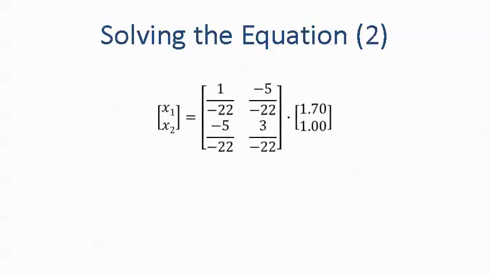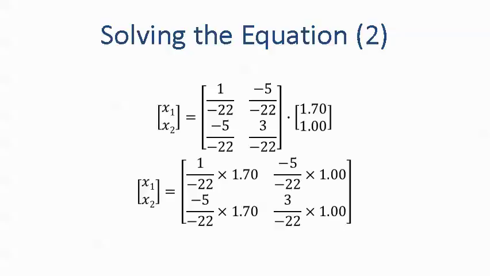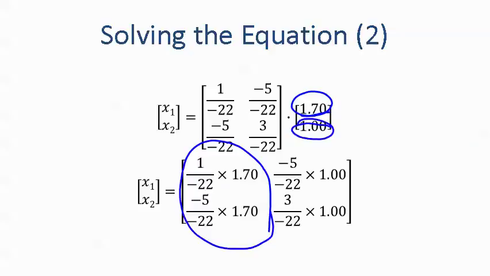If we start with this structure, we find that we can take this 1.7 and multiply it by the terms in the first column. 1.0 gets multiplied by the terms in the second column.